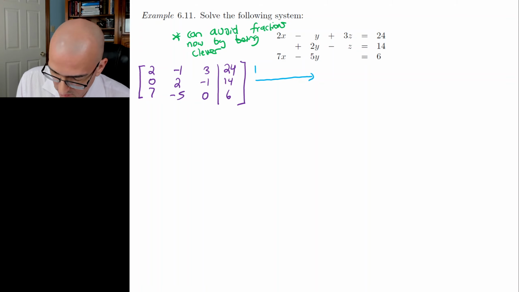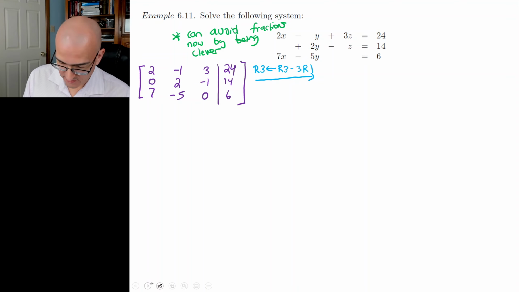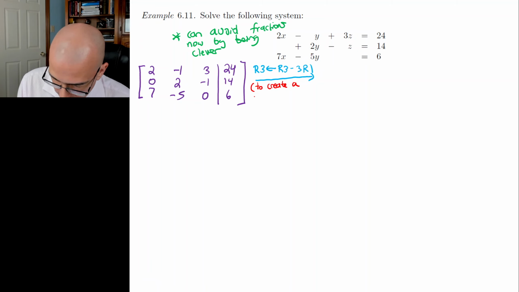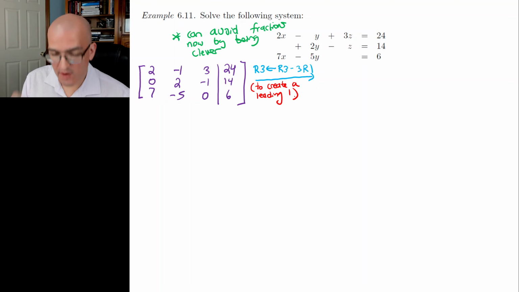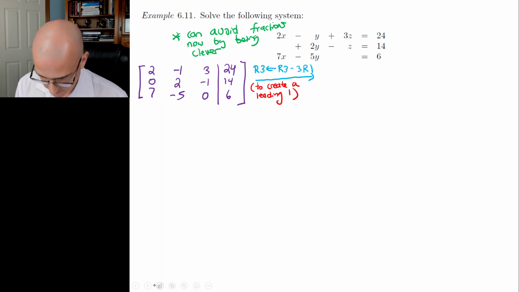So I'm going to take row 3 and I'm going to replace it by row 3 minus 3 row 1. This is to create a leading 1 without creating fractions.